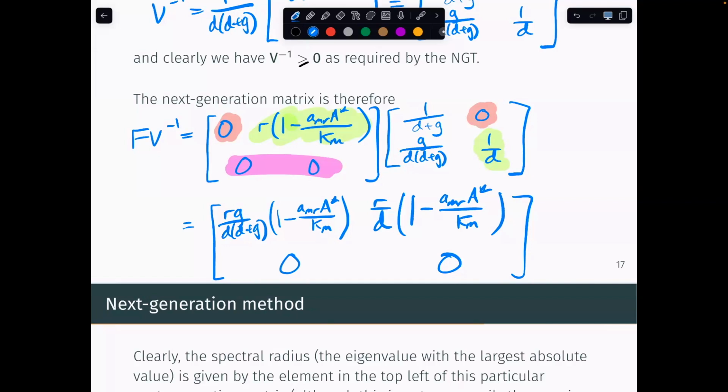Well, it's going to depend on the birth rate. It's R times the term in parentheses, multiplied by 1 over D. 1 over D is going to be the expected time that they spend as an adult, because they die at rate D.